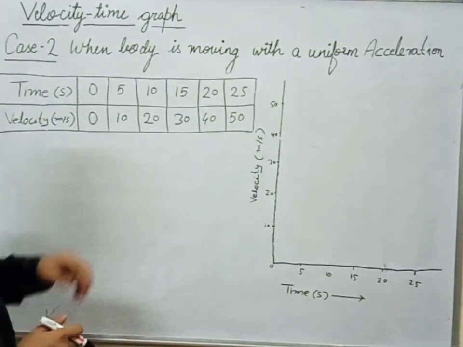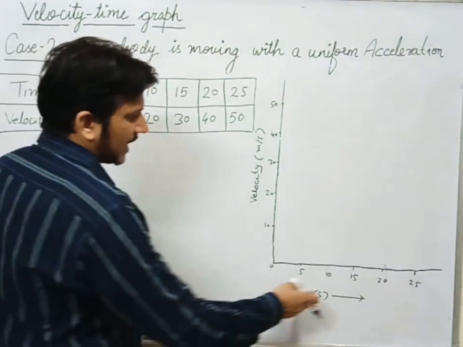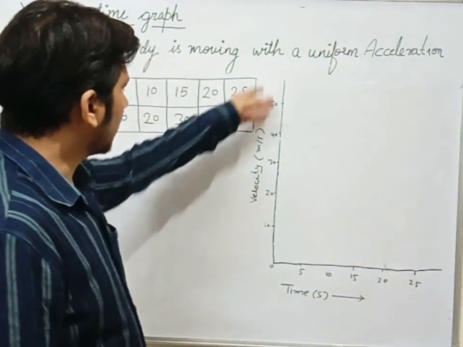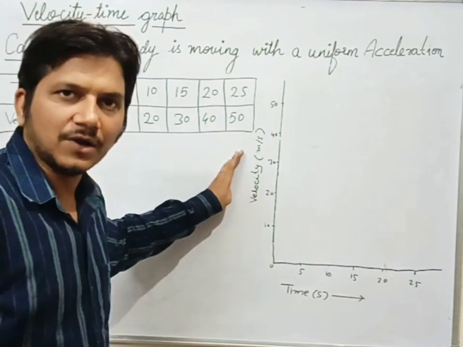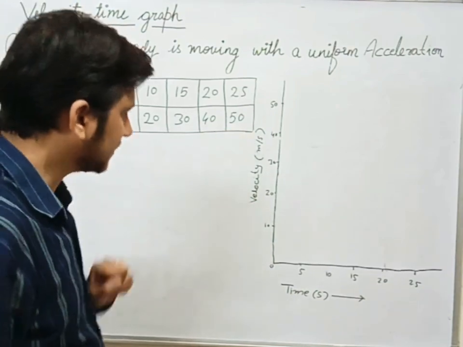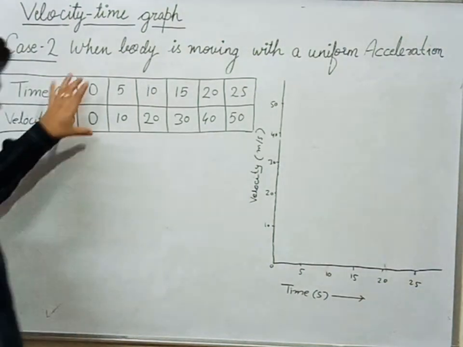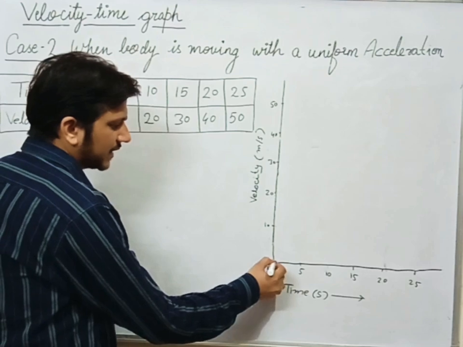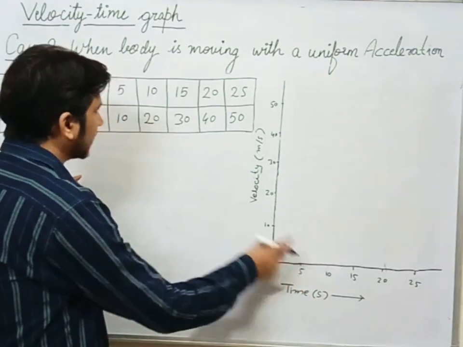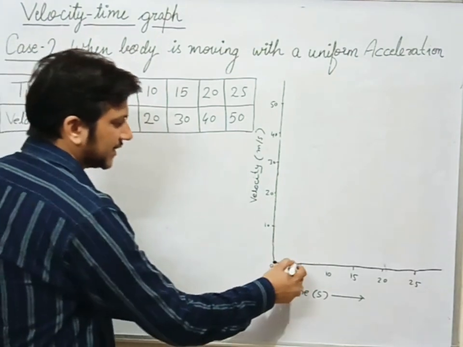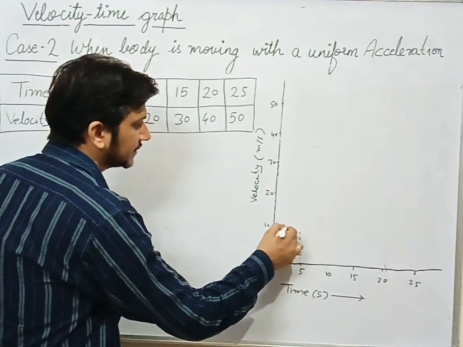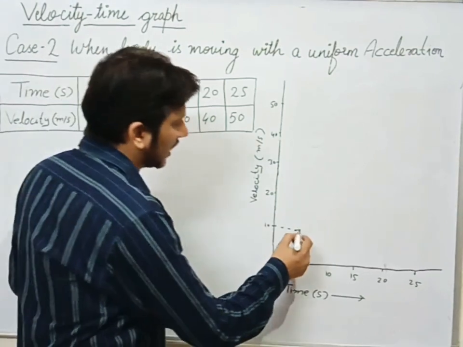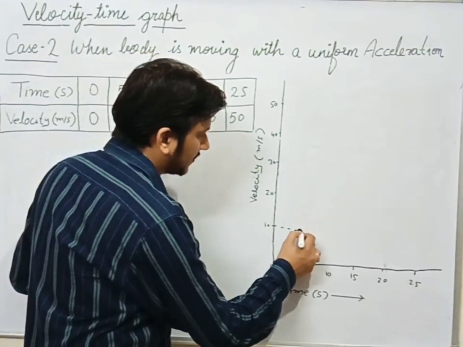Now we plot these points, taking the x-axis as time and the y-axis representing velocity in meters per second. According to this table, at 0 seconds the velocity is 0, so we mark a point here, and at 5 seconds the velocity of the object is 10. Where the horizontal and vertical lines cross, we mark a point.